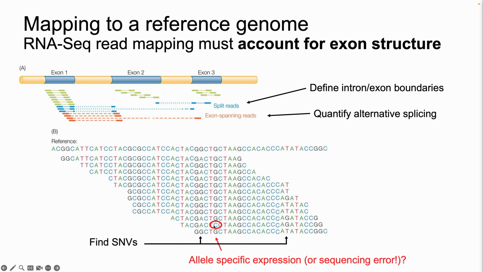Right, the example there is that you've got one read that has that C in it. You don't know if that's a true variant, a base calling error, or really strong allele-specific expression, where, you know, mom gave you the G allele, dad gave you the C allele, and there's just really strong bias to express the mom's copy of that gene.